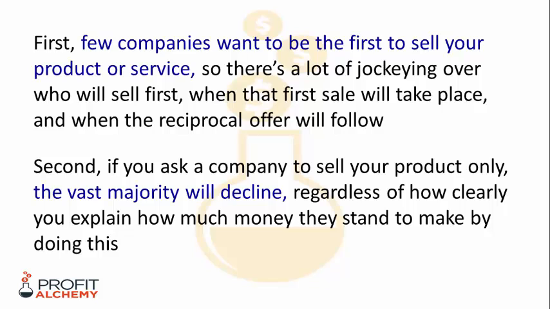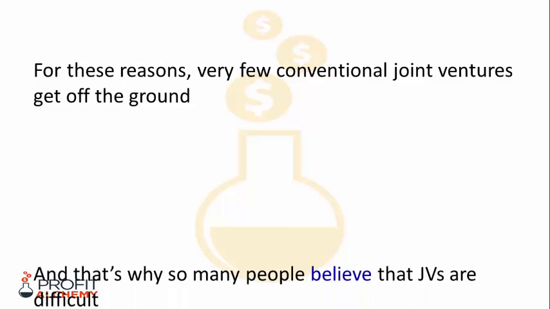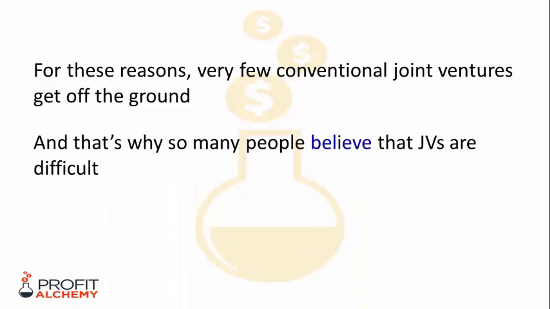Second, if you ask a company to sell your product only, the vast majority of them will decline, regardless of how clearly you explain how much money they stand to make by doing this. For these reasons, very few conventional joint ventures get off the ground. And that's why so many people believe that JVs are difficult.